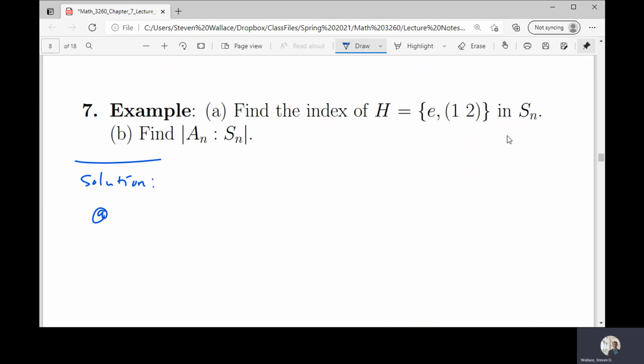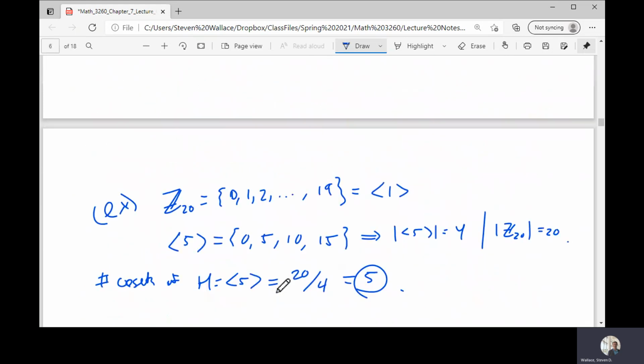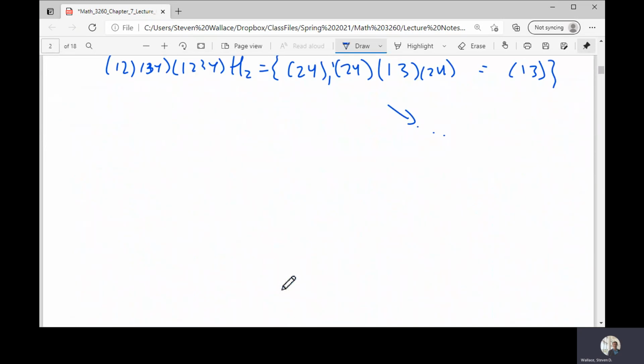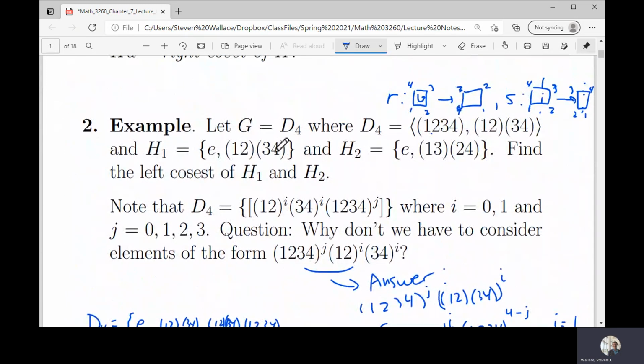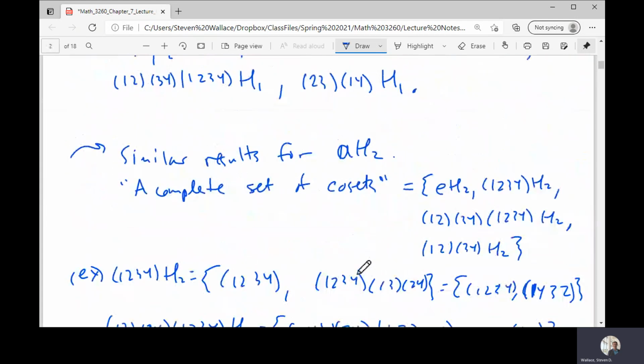I remember how much time we spent last video just trying to find the cosets of these two subgroups of D4. It could take forever.